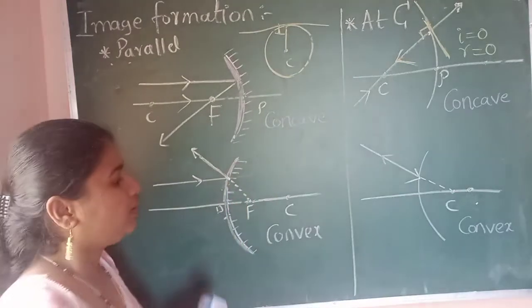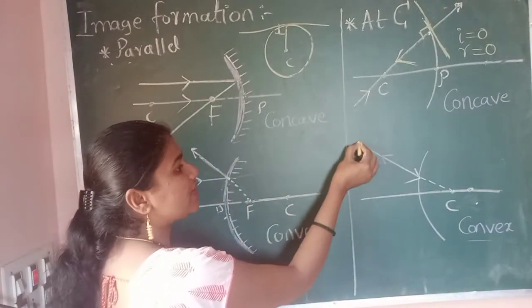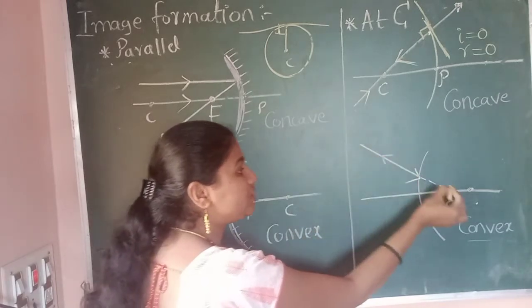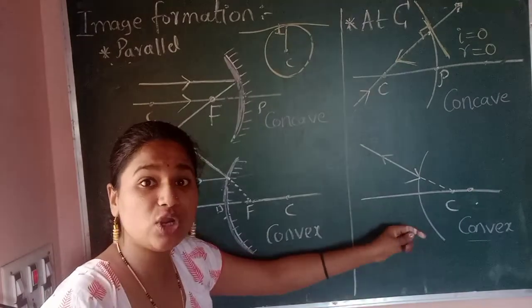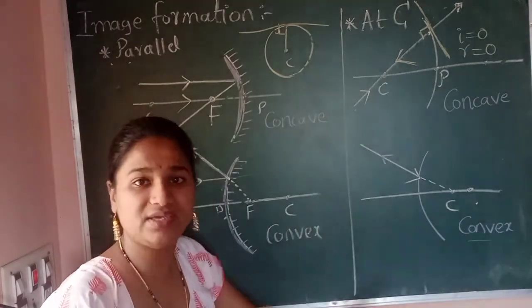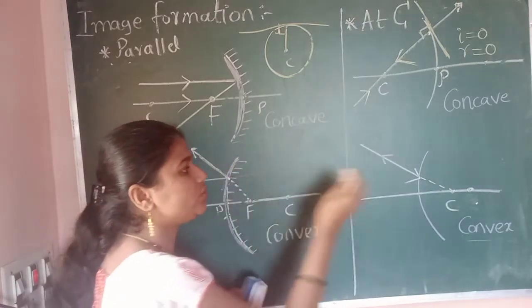Okay. Now, when we consider the convex mirror, here when a ray of light appears to pass through the center of curvature, it is not passing, it appears to be, okay, appears to pass through center of curvature. Here also same thing happen.